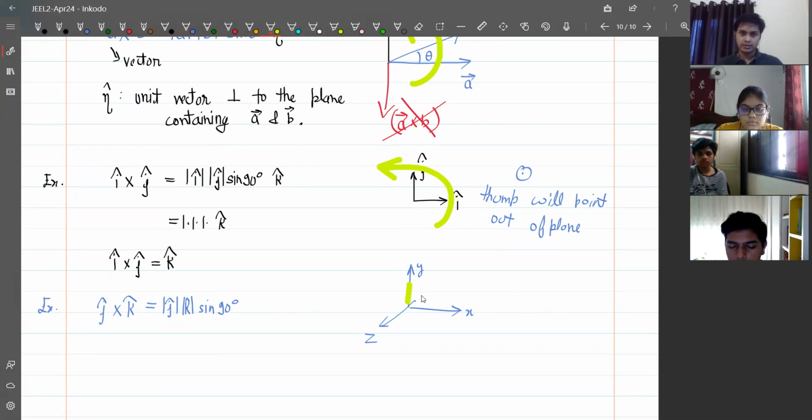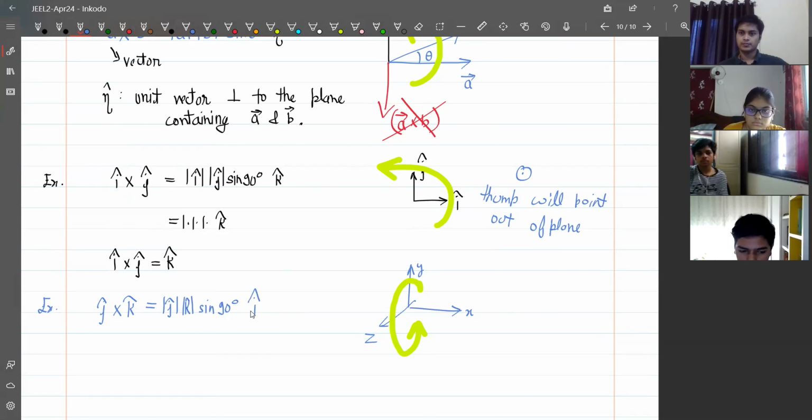This is J cap, and then मुझे K cap touch करना है. So my fingers will curl like this. Okay, like this. Because of this camera, this would be inverted now. So it should be like this, J cross K perpendicular. So I cap is the correct direction. This will be I cap.